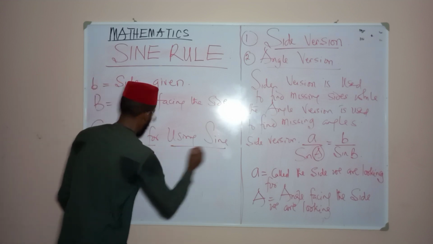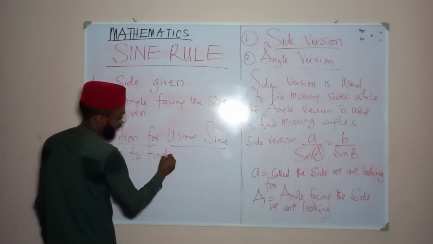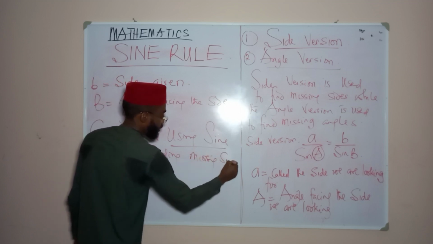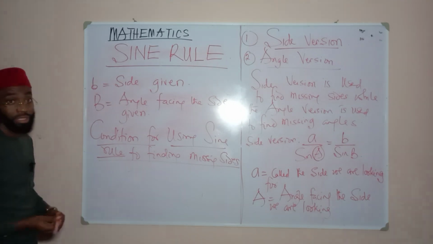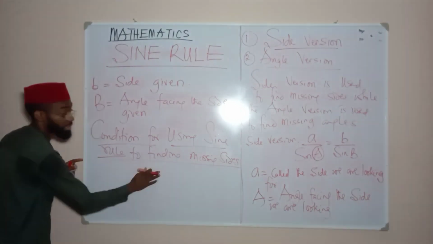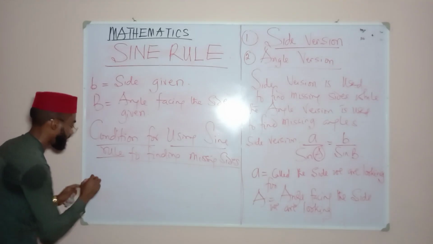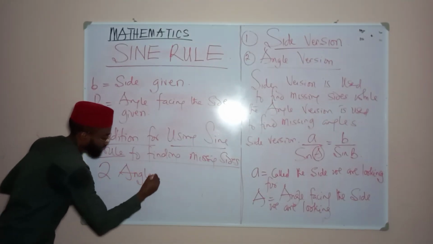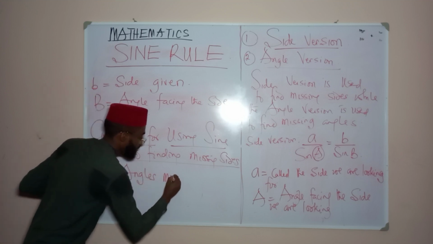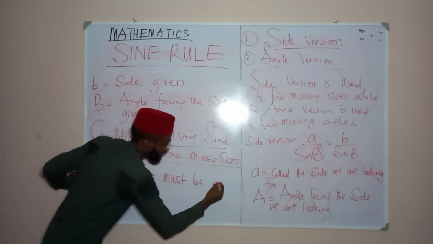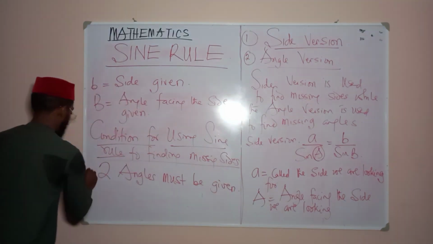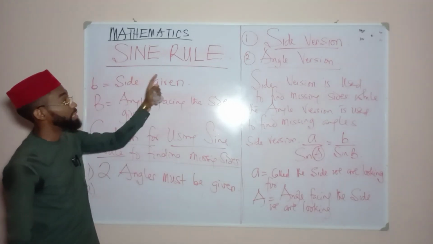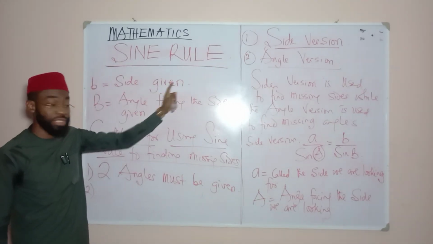Please pay attention to finding missing sides. What is the condition for using the sine rule to find missing sides? The condition is simple. There are two conditions you must take note of before you use the sine rule to find missing sides.